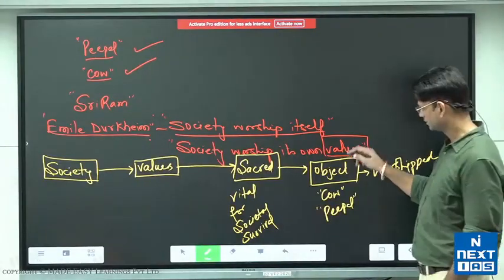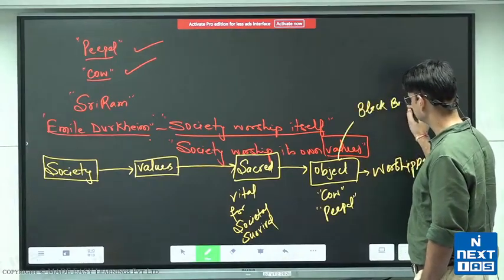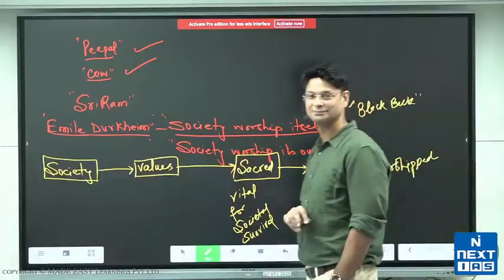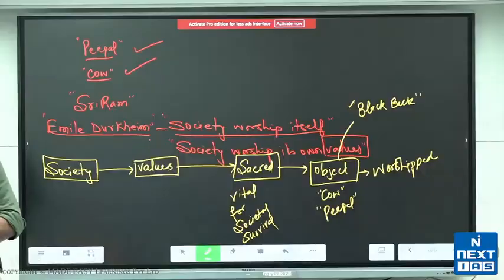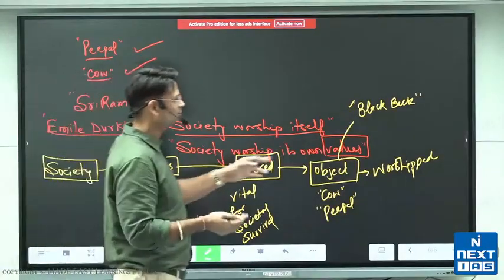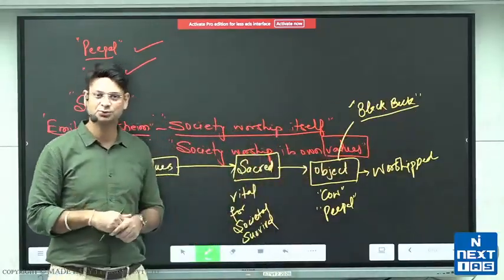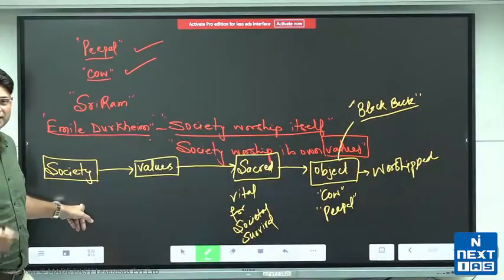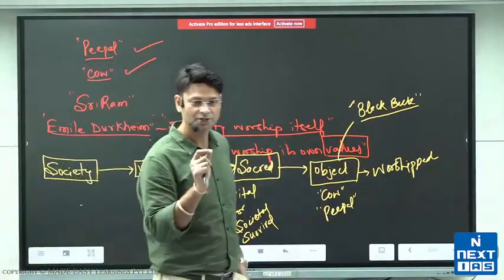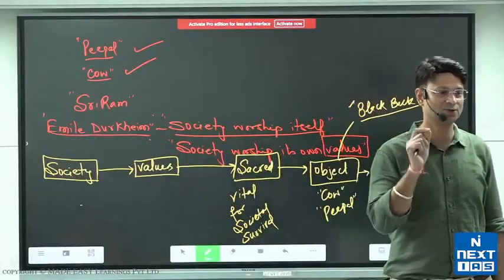So why the black buck? Salman Khan. You must have heard this. Salman Khan, Bishnoi tribe, Bishnoi community to be precise. तो ब्लैक बक की वर्शिप करते हैं वो. तो why श्री राम? मर्यादा पुरुषोत्तम श्री राम. You worship मर्यादा पुरुषोत्तम. You worship values, not the individual.